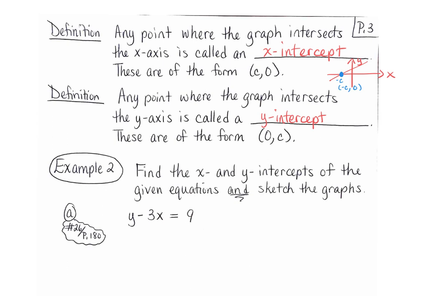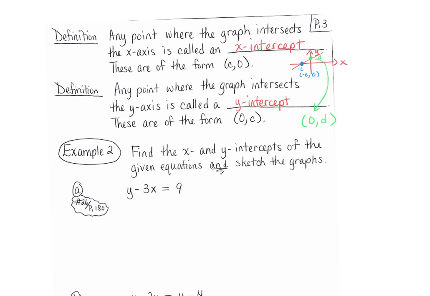So for example, if we go back to this graph here and this line, this point here is our y-intercept. So if that value is D, then the respective y-intercept is 0, D. Okay? So now let's apply this information.